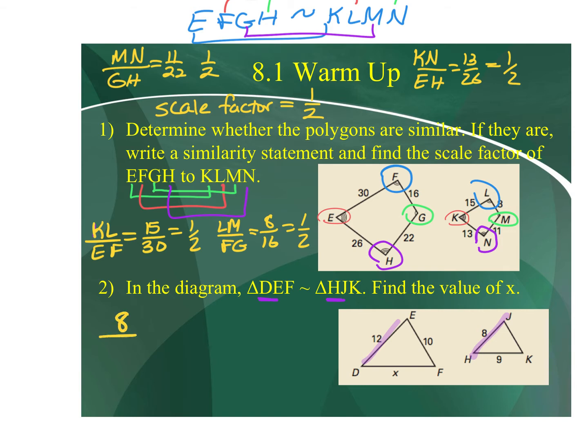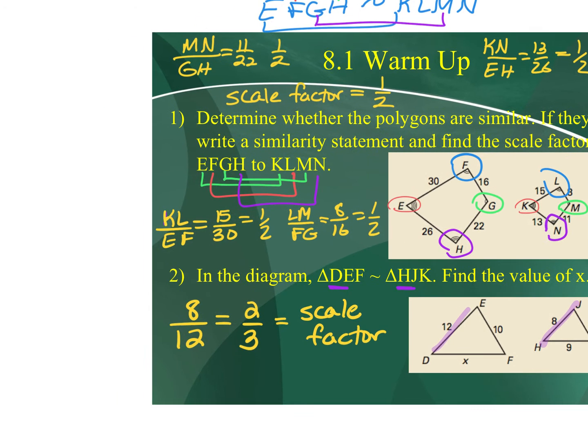I'm going to do 8 over 12, right over left. I can divide them both by 4, and my scale factor or my side length ratio is 2 over 3, or 2 to 3. This is also called the side length ratio. They mean the same thing.